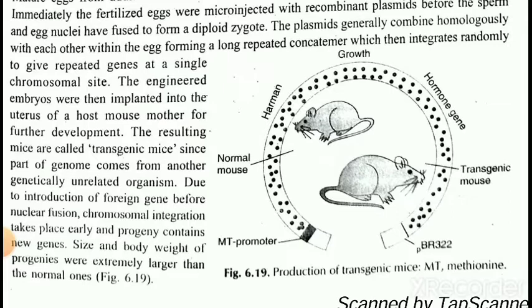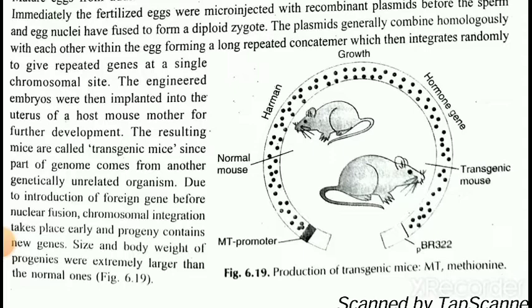The engineered embryos were then implanted into the uterus of a host mouse mother for further development. The resulting mice are called transgenic mice, since part of the genome comes from another genetically unrelated organism. Due to introduction of the foreign gene before nuclear fusion, chromosomal integration takes place early and progeny contain new genes.